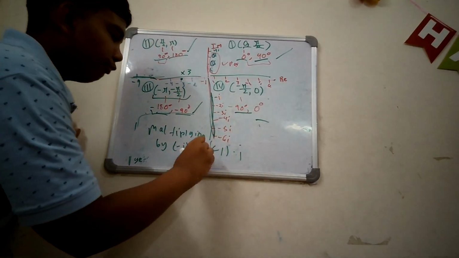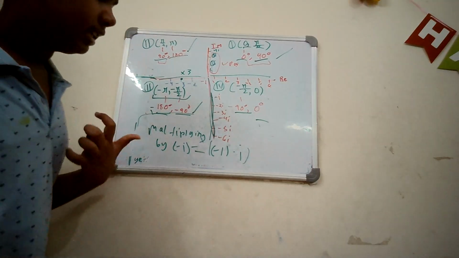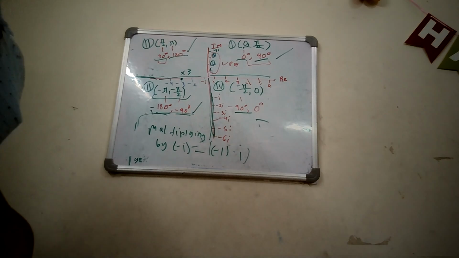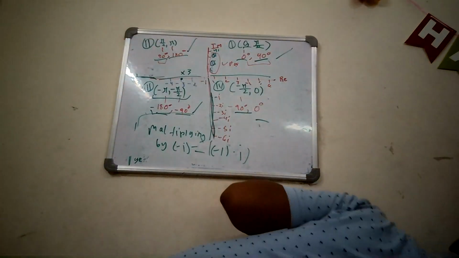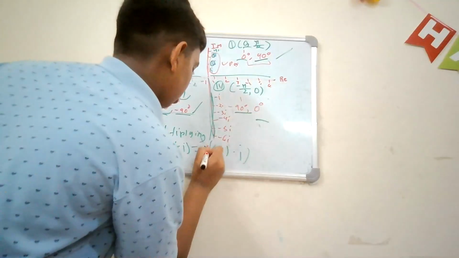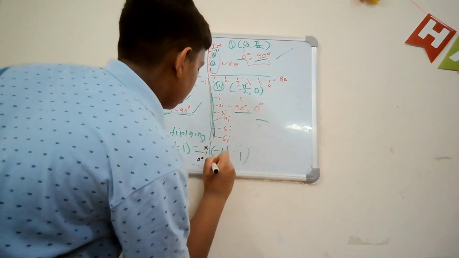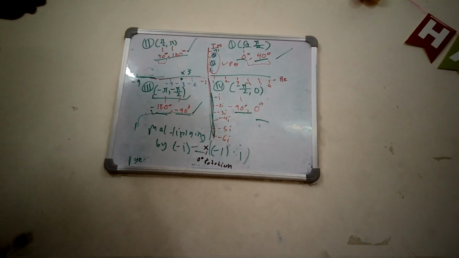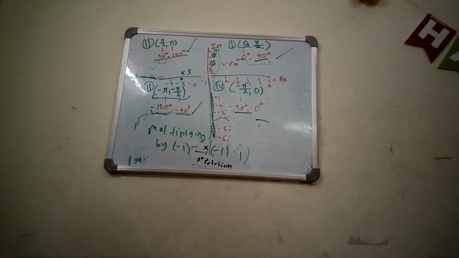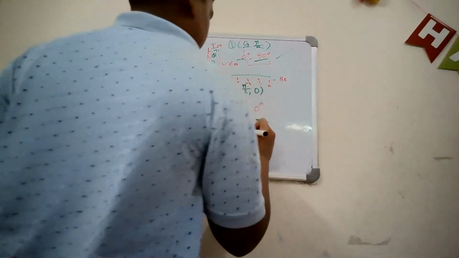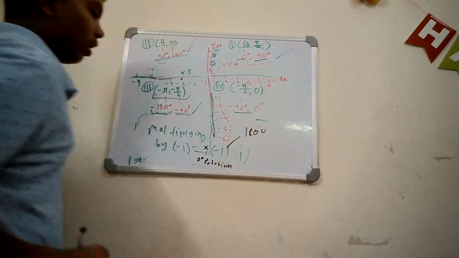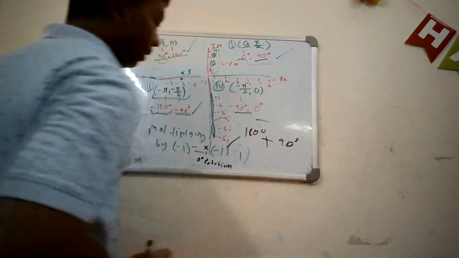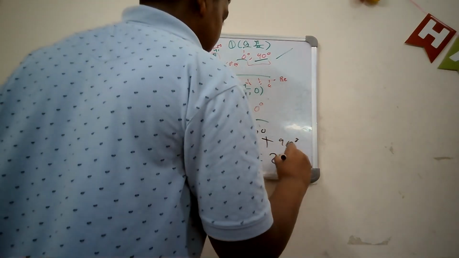And if you have a coefficient x here, this will be a 0-degree rotation, because this will be a positive number when we split these two. Okay, good. Now look, multiplying by negative 1 is a 180-degree rotation, and multiplying by i is a 90-degree rotation. And they'll go to 270 degrees.